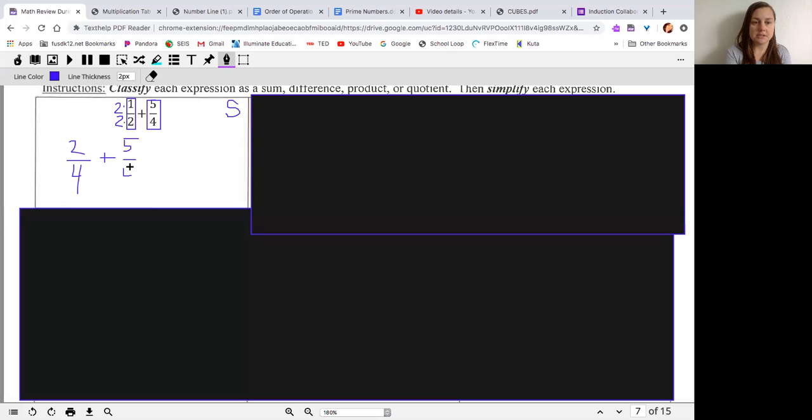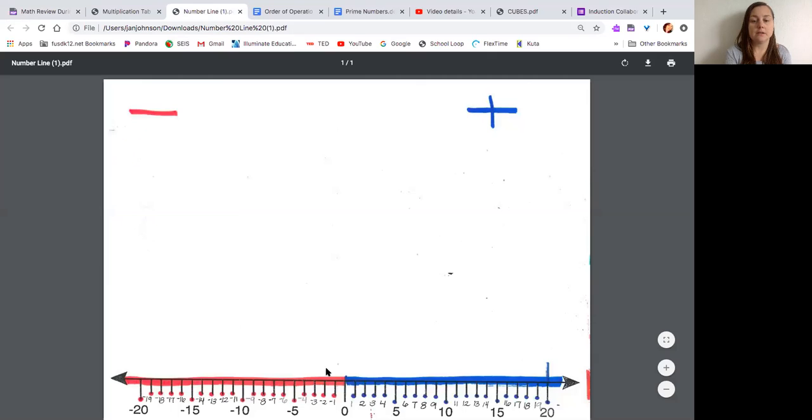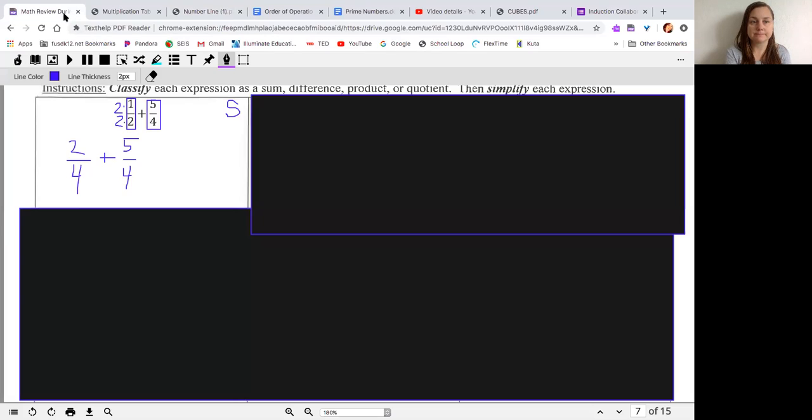Because they are matching, I can continue to the next step. So when I'm looking at this, I see 2 plus 5. Now, if you want, you can use your number line. 2, I'm going to add 5. 1, 2, 3, 4, 5. 2 plus 5 is 7.